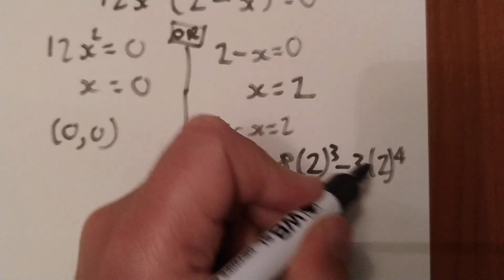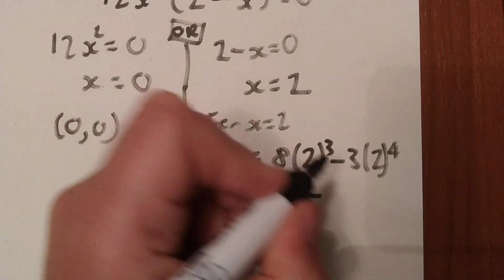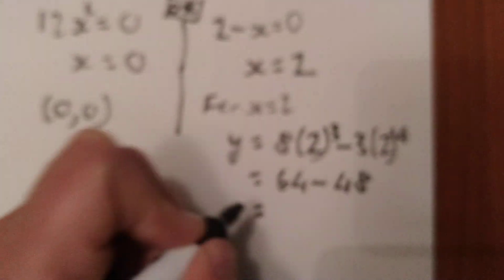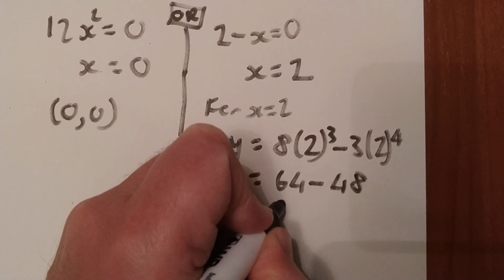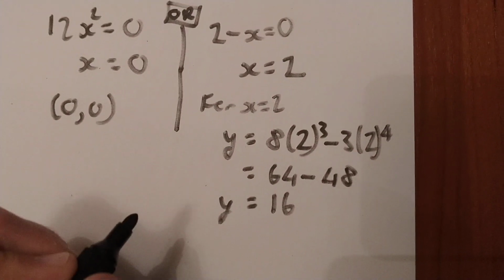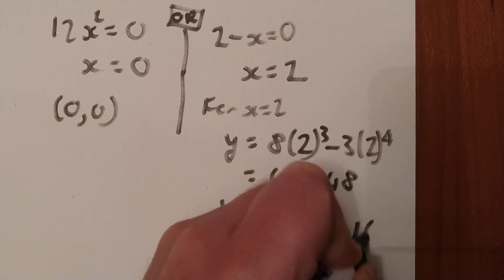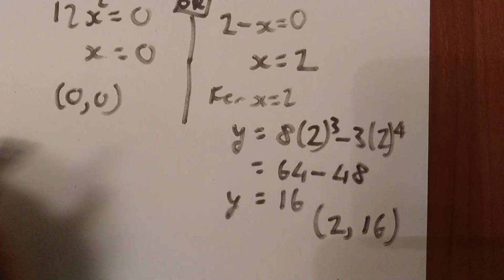Take away 3 lots of 2 to the 4 is 16, so that's 48. And so my y-coordinate here is 16. So I have another stationary point at 2, 16.